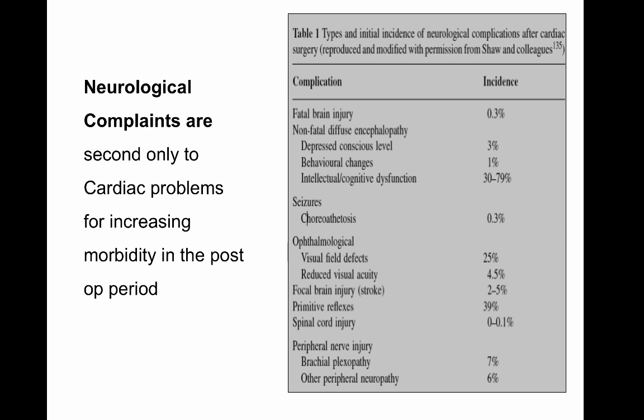And neurological complaints are second only to cardiac problems for increasing morbidity in the postoperative period. This table 1 shows types and incidences of neurologic complications after cardiac surgery. And it's pretty significant. When you look at intellectual and cognitive function, 30 to 79% incidence. And some of this may be transient, but that's a scary number.